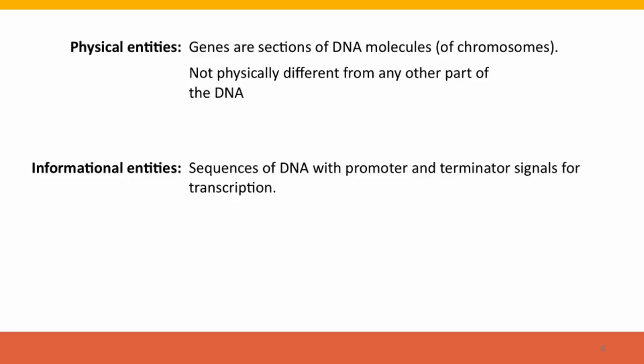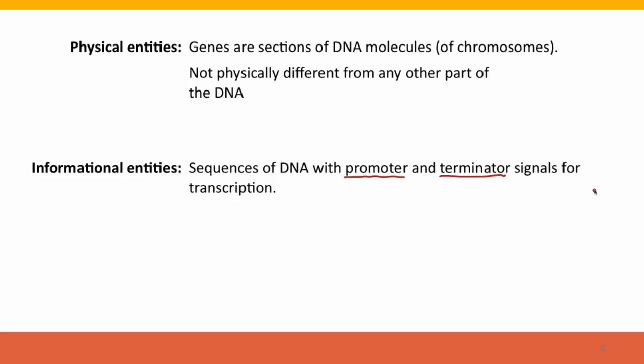And their informational properties that make them genes are, first, that they have signals called the promoter and the terminator, which are short sequences that direct proteins to carry out the process of transcription, to make an RNA copy of this part of the DNA.